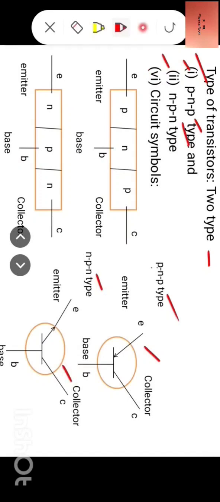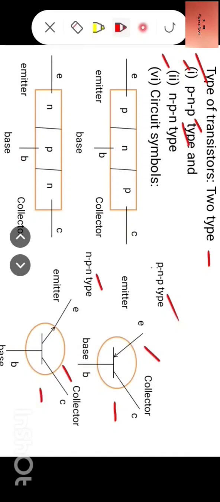You see in the diagram, the arrow is placed in the emitter leg. In the PNP type transistor, the arrow is directed inward towards the base, and in the NPN type transistor, the arrow is directed outward away from the base. So this is the PNP transistor, this is the NPN transistor.